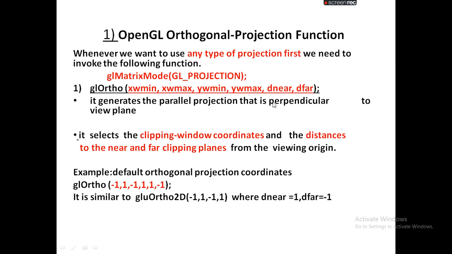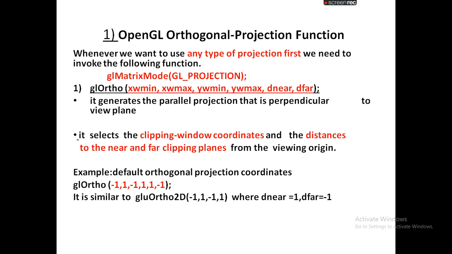That is nothing but d near and d far. For example, even if you are not passing any argument to glOrtho, it will use default orthogonal projection coordinates, which are -1, -1, -1.